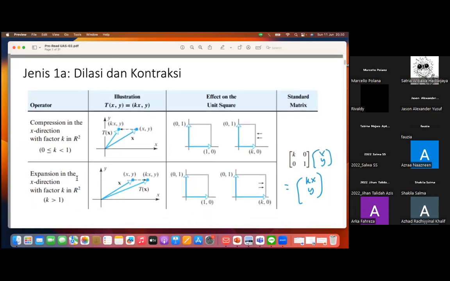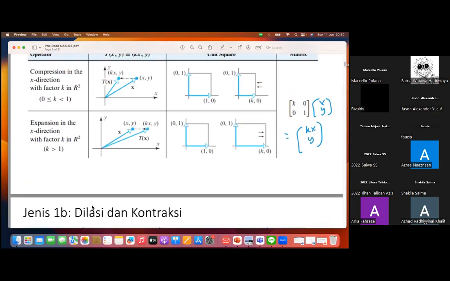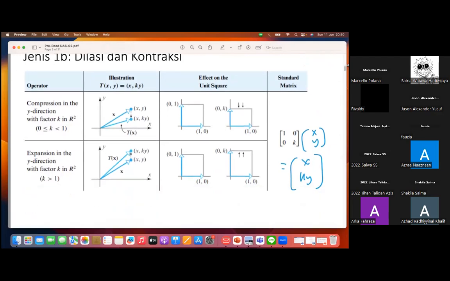The first one is dilation and contraction in the X and Y direction. So basically, dilation and contraction is just expansion in the direction of one of the axes. So if it's expansion in the X direction, that means only X changes, Y doesn't change. And the opposite goes for the Y direction.